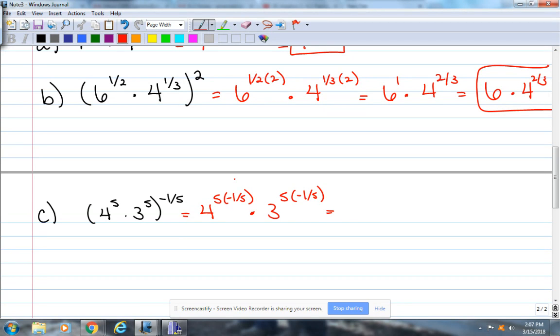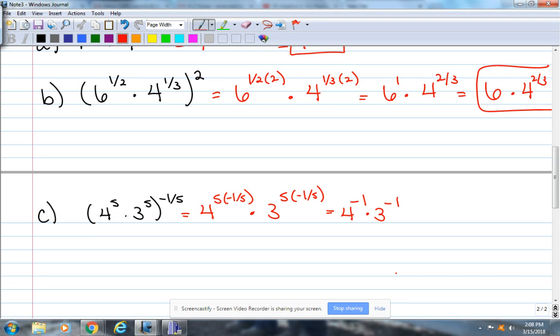What's 5 times negative 1/5? Negative 1, because it's negative 5 divided by 5, which is negative 1. So this is going to be 4 to the negative 1, and the 3 has the same thing, so this is 3 to the negative 1.